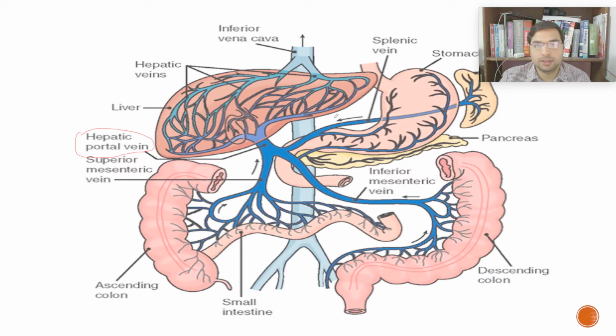The causes here are pre-hepatic causes, the causes in the liver are hepatic causes, and the causes post to the liver are post-hepatic causes. Pre-hepatic causes like portal vein thrombosis.